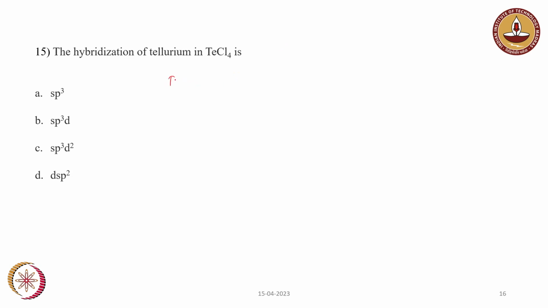In tellurium it will be 5s2 5p4 configuration, but in TeCl4 tellurium is in +4 state, so 5s2 5p0. And TeCl4, Te has 6 valence electrons, and 4 chlorines are connected to tellurium.